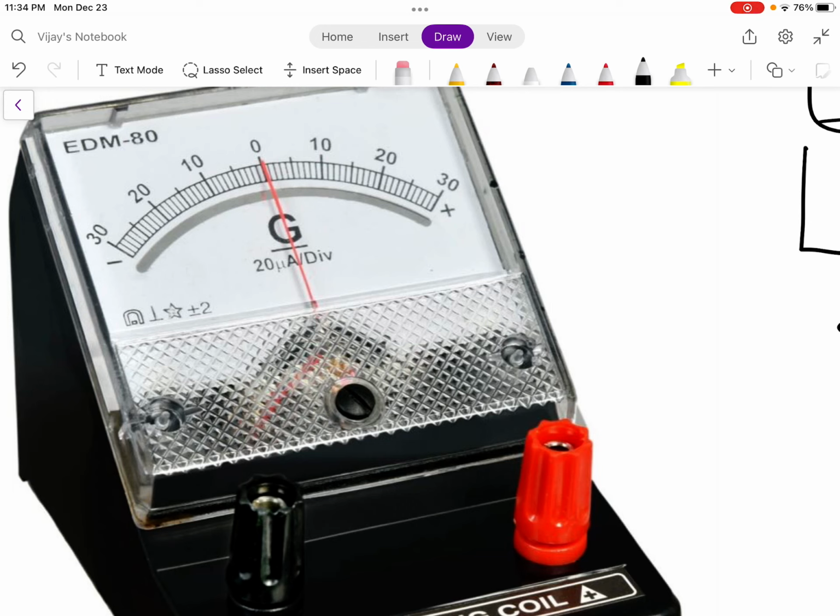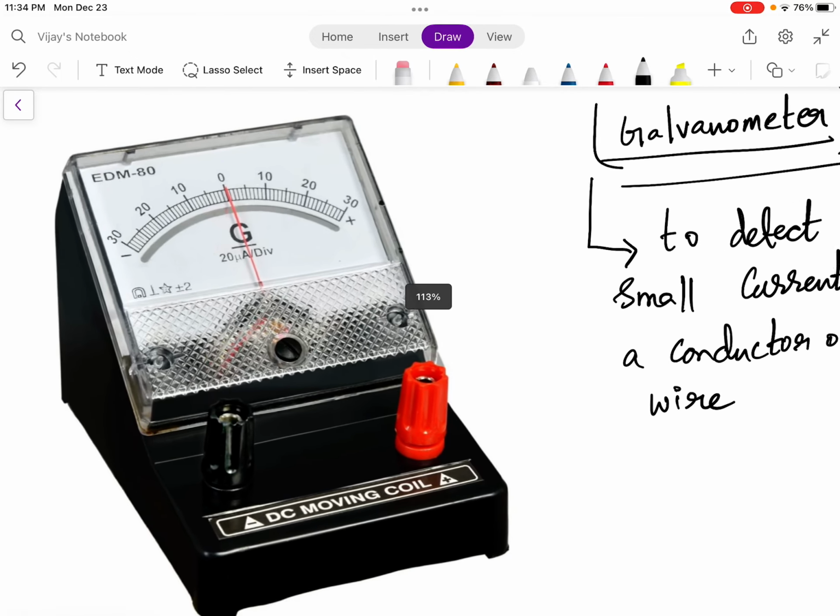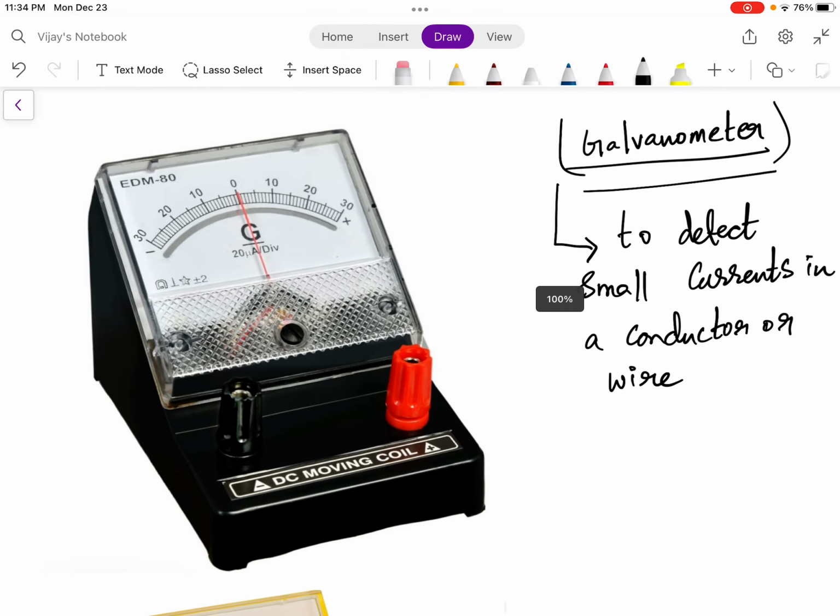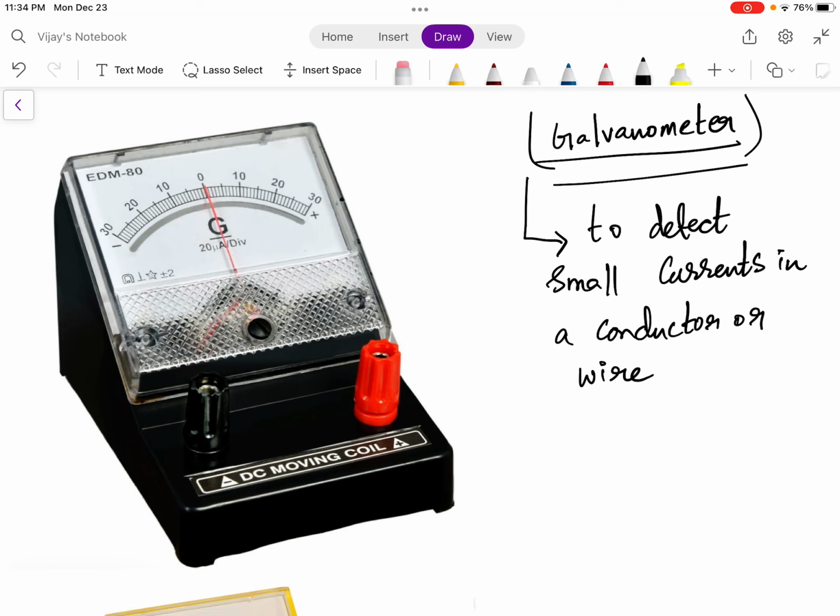So if the needle points at 10, the current can be calculated by multiplying 10 into 20 microampere. That is 200 microampere. So the main purpose of the galvanometer is to detect small currents in a conductor. But sometimes this galvanometer can be used to measure small currents also. This is the main purpose of the galvanometer.